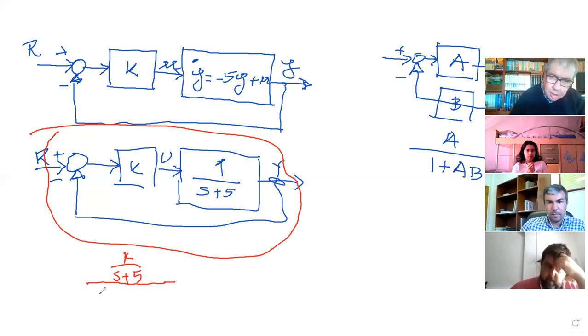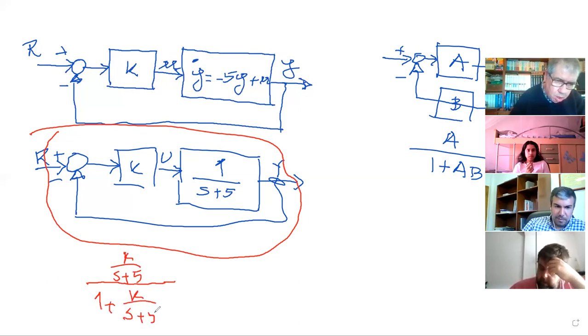So the denominator is 1 plus... Okay, now I can simplify this and get K divided by s plus 5 plus K. Okay.